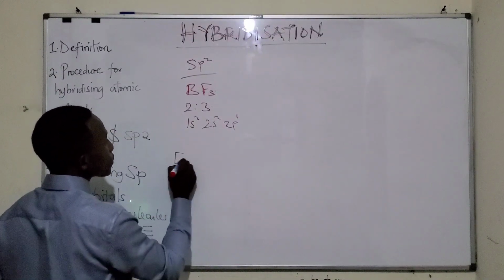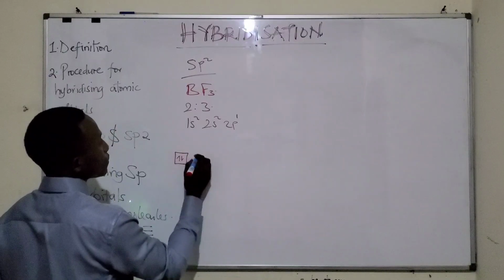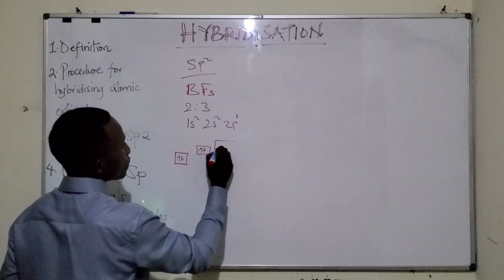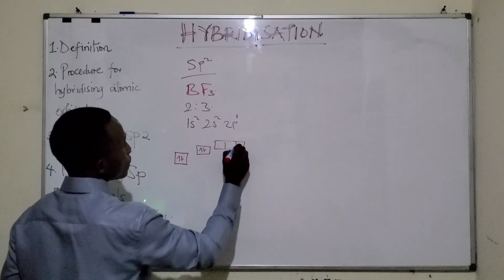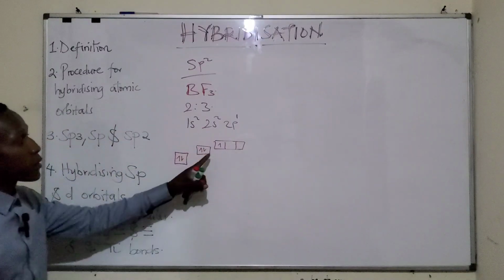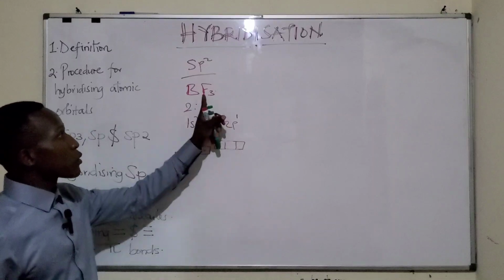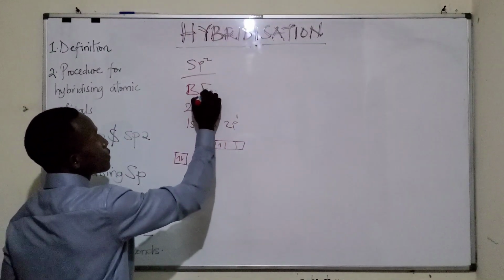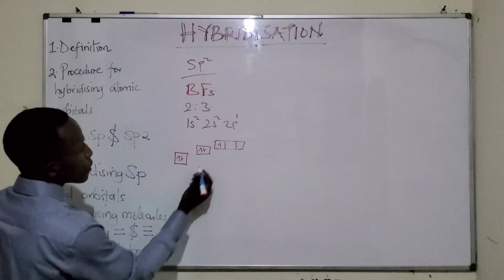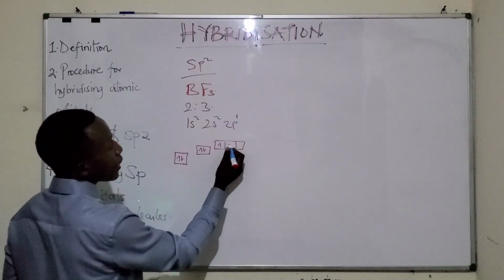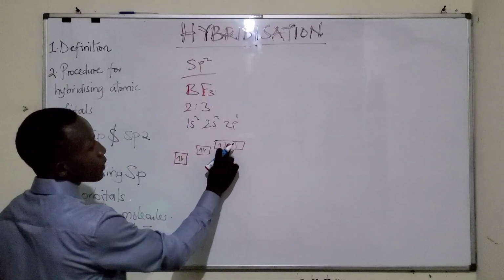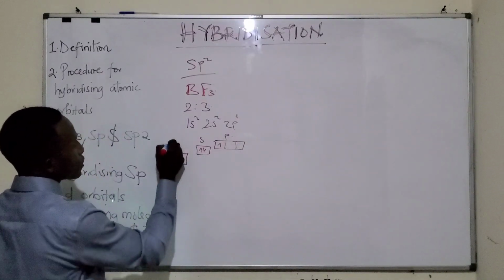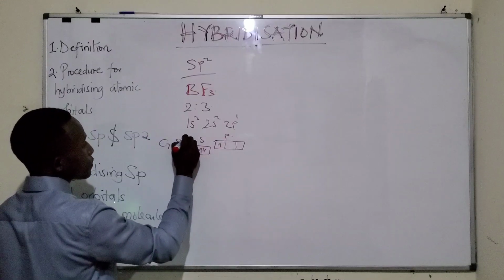So at ground state, we shall have this, with 1 electron. But we need 3 to react with fluorine. So that means 1 electron will be promoted to a higher energy level or the p orbital. This is S, this is P. This is the ground state.